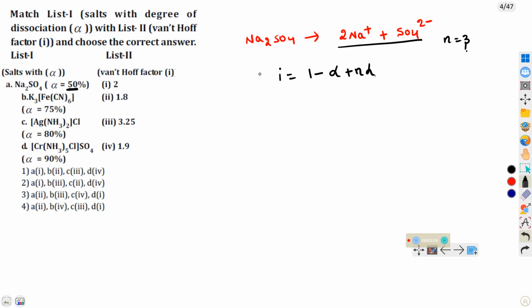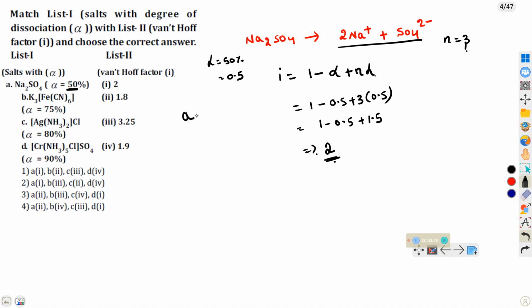Alpha value is given as 50%, that is 50 by 100, that means 0.5. Now substitute: 1 minus 0.5 plus 3 into 0.5, that is 1 minus 0.5 plus 1.5. Simplify, then you will get 2. That means A is 1.